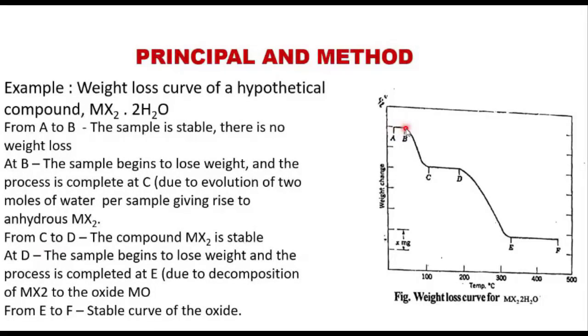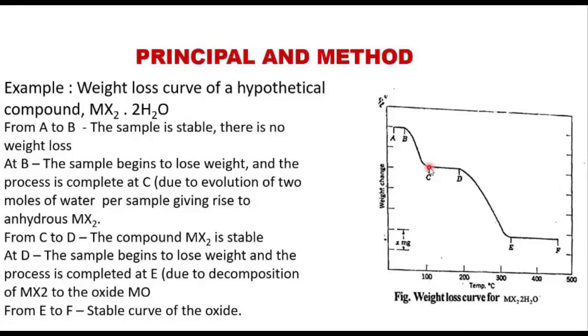At B, the sample begins to lose weight because it is giving off water of hydration, 2 moles of water. And the process will be complete when temperature reaches C, where you are getting the anhydrous MX2.